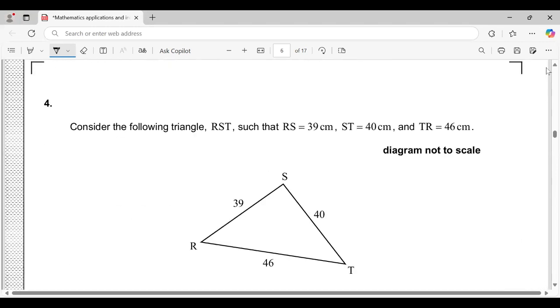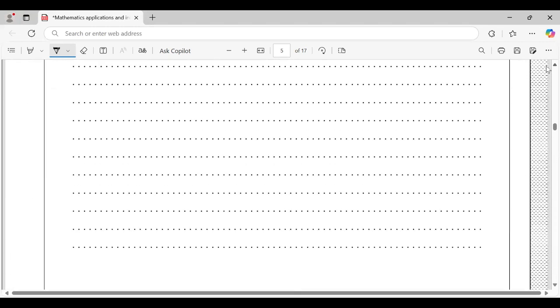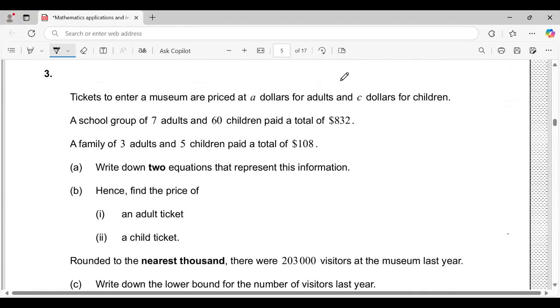Number 3. Tickets to enter a museum are priced at $a for adults and $c for children. A school group of 7 adults and 60 children paid a total of $832. A family of 3 adults and 5 children paid a total of $108. Write down two equations that represent this information.